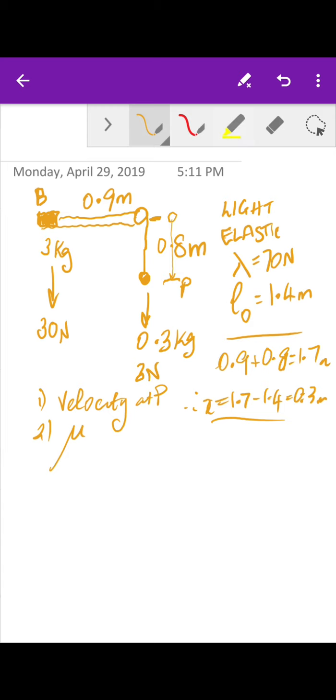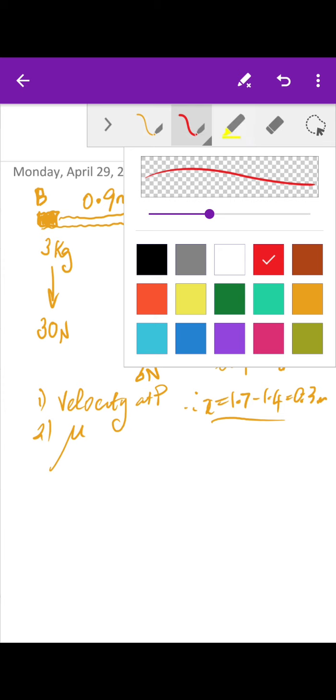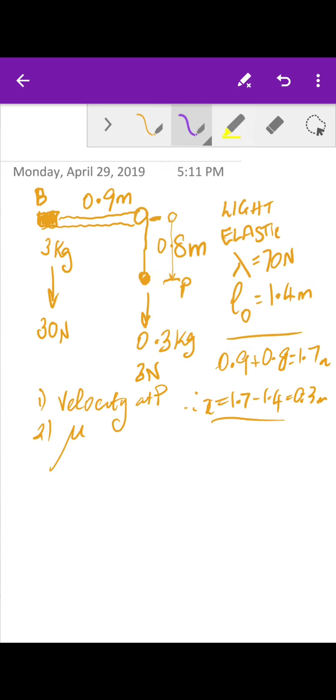Okay, so let's have a look at the energy level first. So I'll just change color here. Now at the top we've got mgh, kinetic energy, and elastic potential energy. Let's have a look at the sum of those three, and then at this level we've got potential energy, kinetic energy, and elastic potential energy.